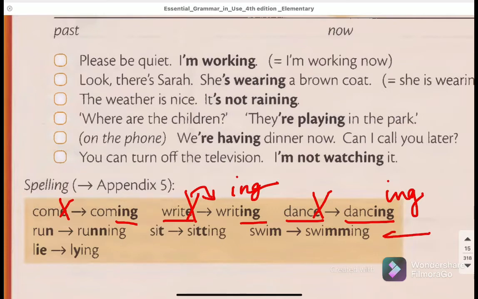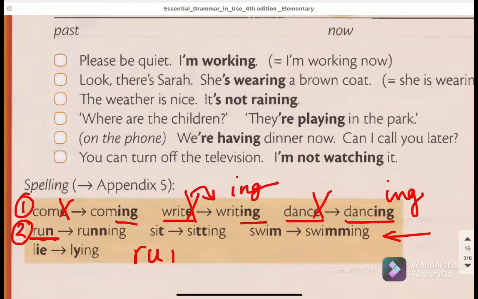And look here at this rule. This is rule number 1 and this is rule number 2. If I have a verb and I see that there is a vowel and a consonant at the end of the verb, I will double the consonant. For example, I have here the verb run.